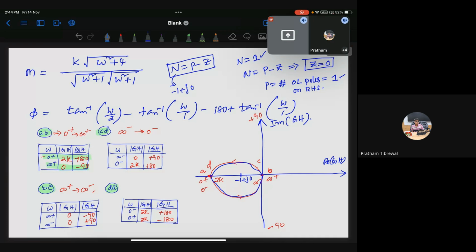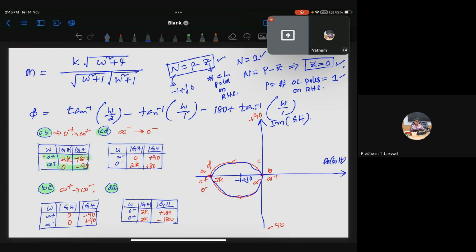That means now if we substitute both here, Z is equal to 0. Z is nothing but the number of closed loop poles on RHS. Z is 0 means what? The closed loop system has 0 poles on RHS. That means all the poles are on the LHS only. That's why the system is stable.